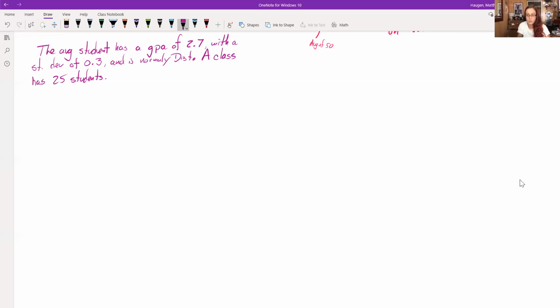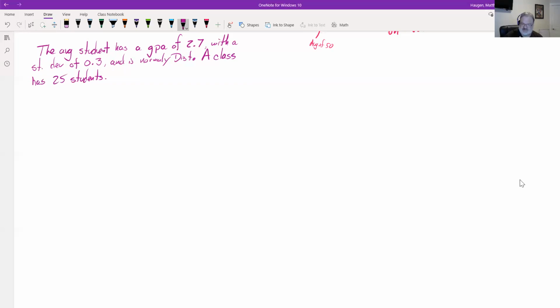How do we know it's normal? Because they told us. They didn't tell us the sampling distribution was normal. They told us the population's normal, which by implication means the sampling distribution is normal no matter what. I know I'm being very picky there, but that's that distinction between which one we're talking about.